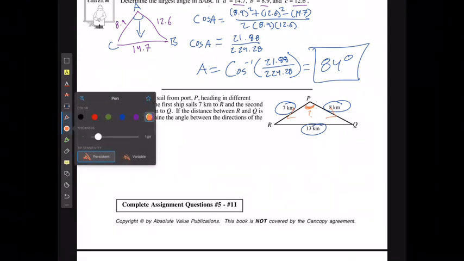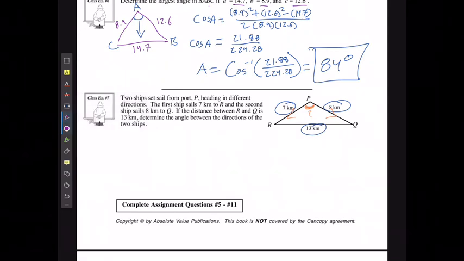So I can say that cos of P is going to equal R squared plus Q squared minus P squared over 2RQ.